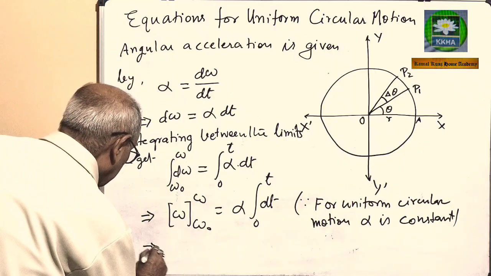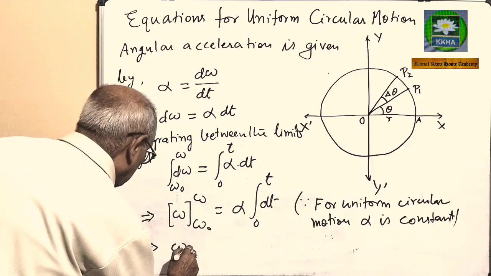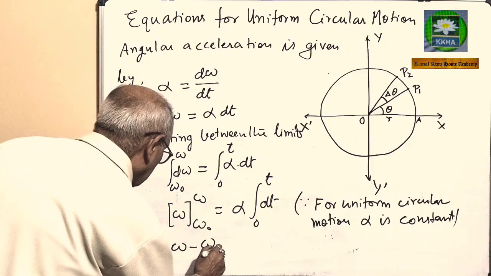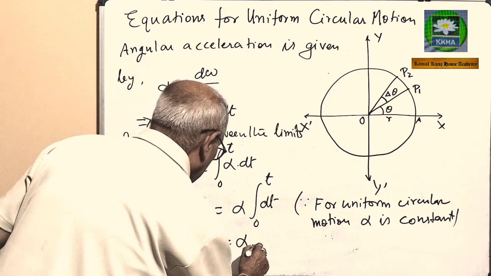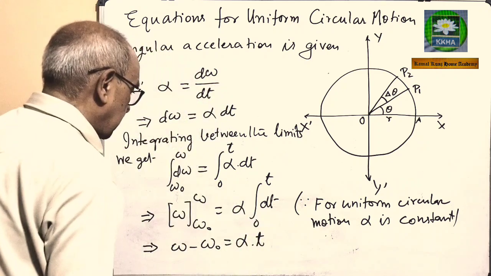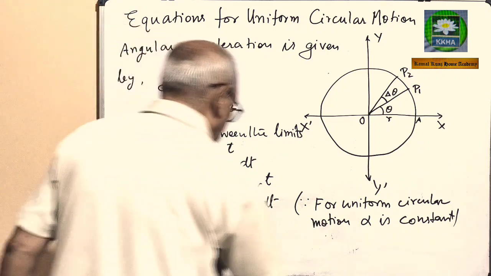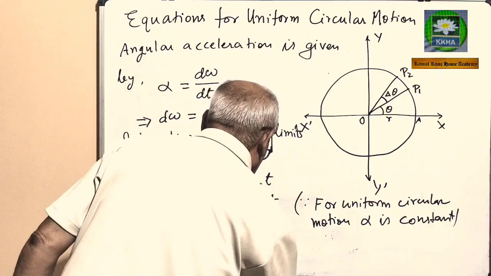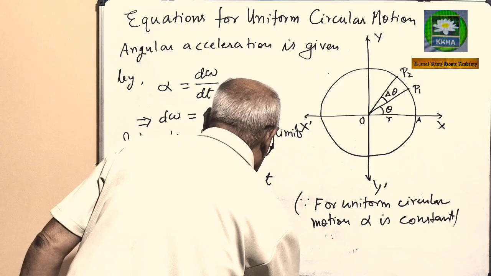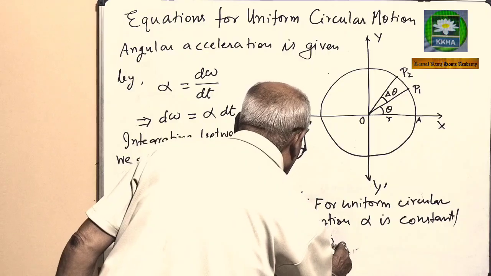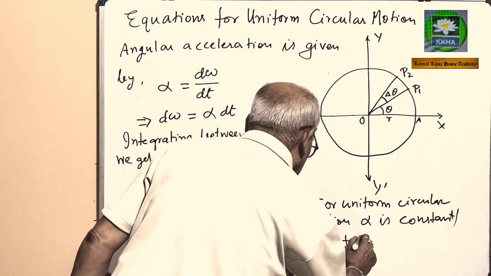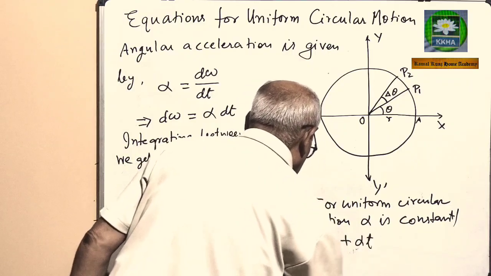This implies that omega minus omega naught equal to alpha into t. This implies that omega is equal to omega naught plus alpha t.